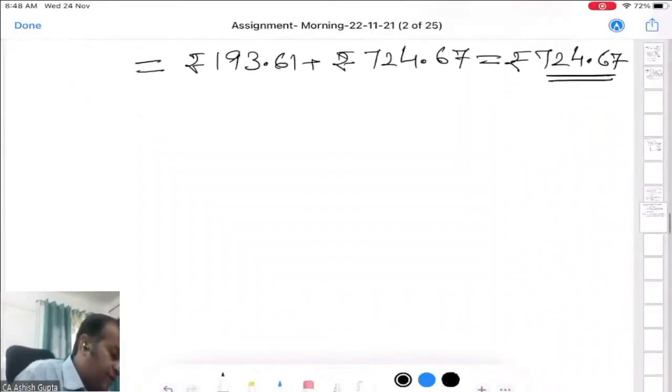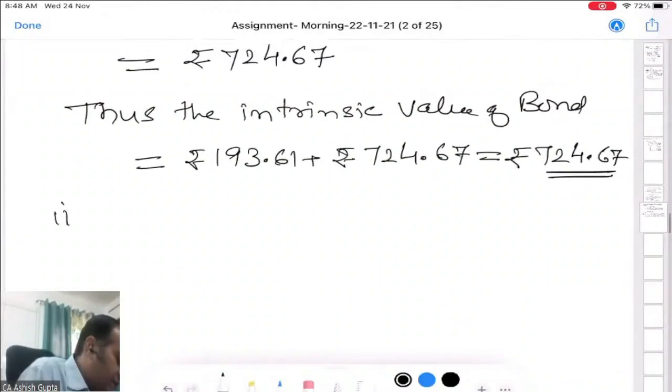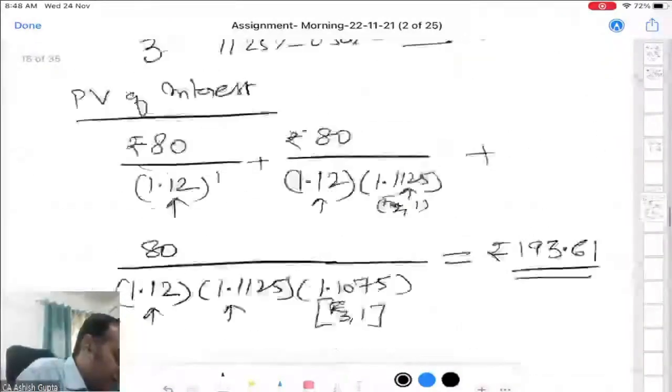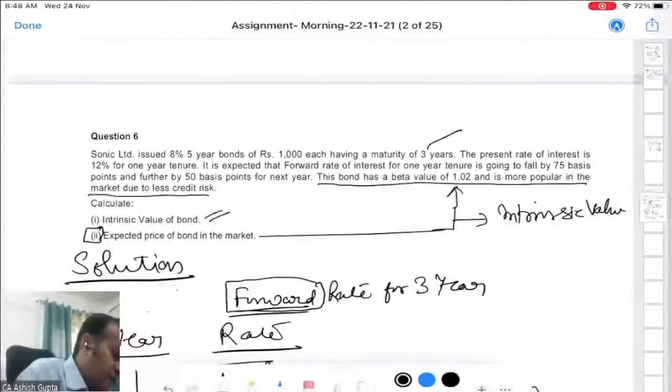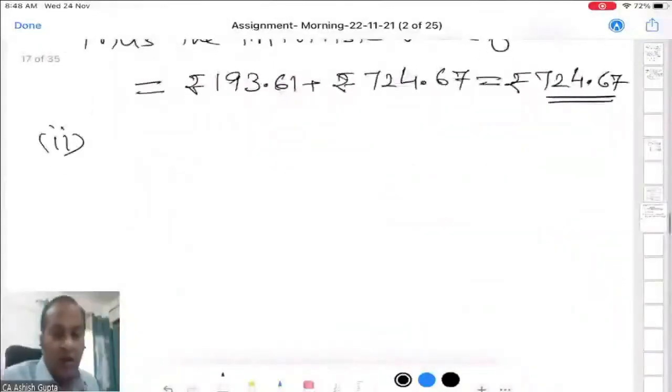Okay, students. Now we are coming to the second aspect, that is relating to the market sentiments, that is beta. Now, students, I need to tell you about this beta concept. Of course, this beta is more used in the equity portfolio.